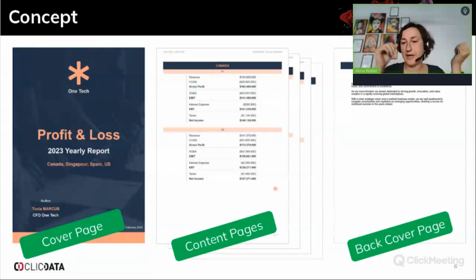And there can be as many pages as needed to cover all the data from the data sets used in the report. So this is something we're going to look at later. It's an example of a profit and loss report. And here you can see it's just conceptualized to show the cover page, back cover page, and then all the content which has the data.